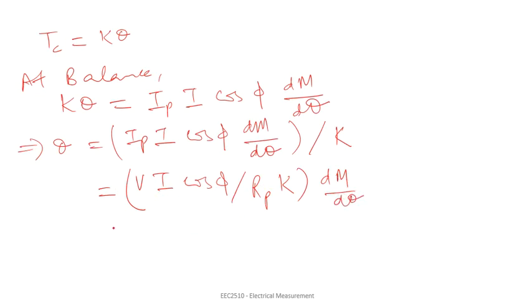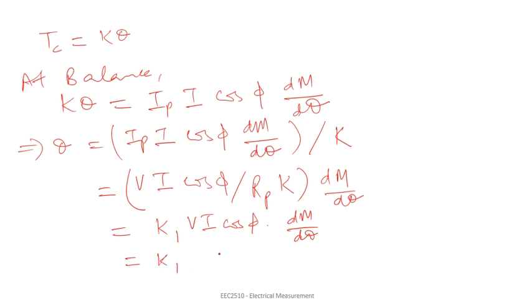Or in terms of a constant we can write it as k1 Vi cos phi dM over d theta.